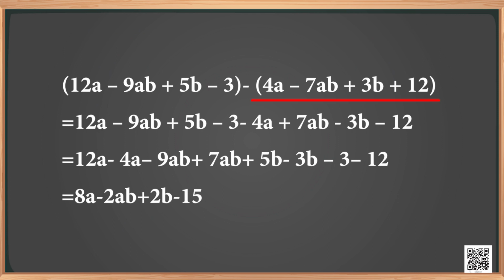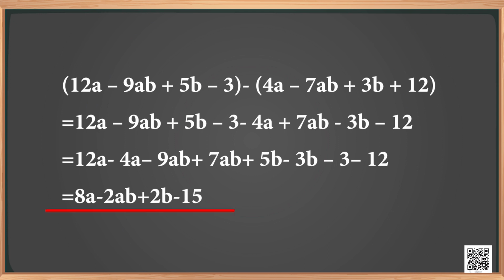We know that subtracting a number is nothing but adding its additive inverse. So, while subtracting an expression, we write the additive inverse symbol in front of each term of the second expression and then add them to the like terms of the first expression. If you do so, you will get the result 8a minus 2ab plus 2b minus 15.